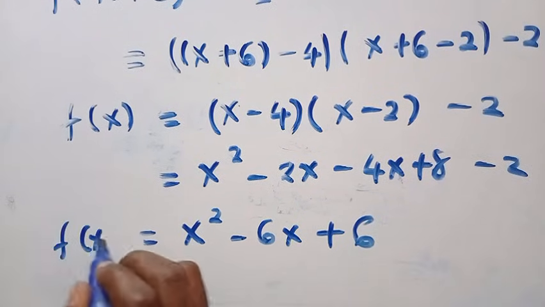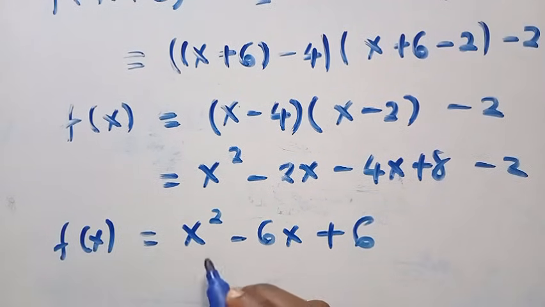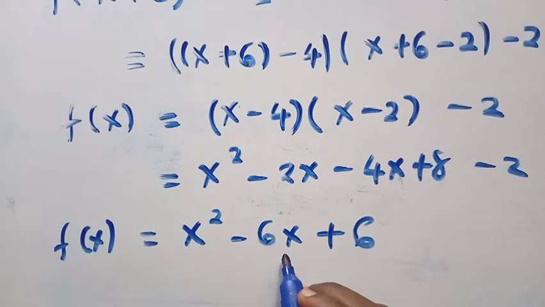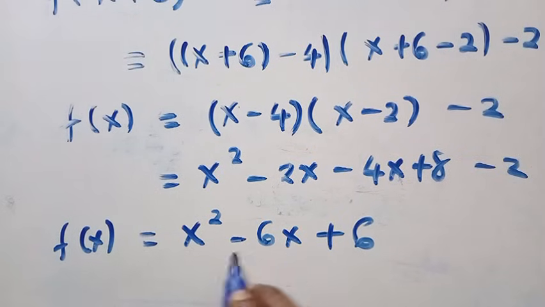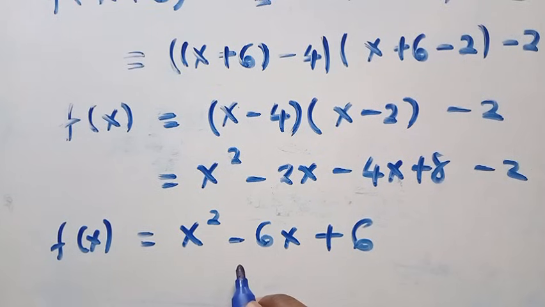So by form manipulation, our f of x is x squared minus 6x plus 6. The only difference from the first one is that the middle term takes negative and the first one takes positive. So this is one way of solving this.